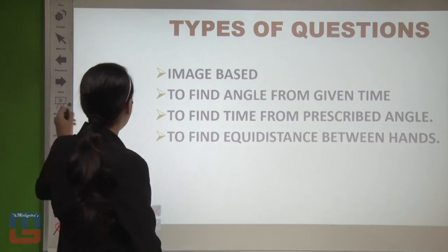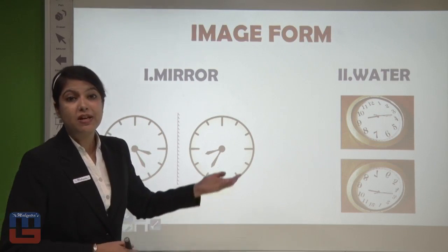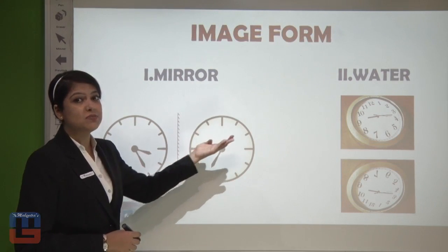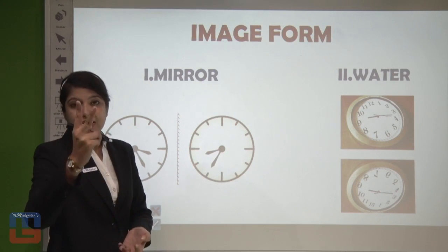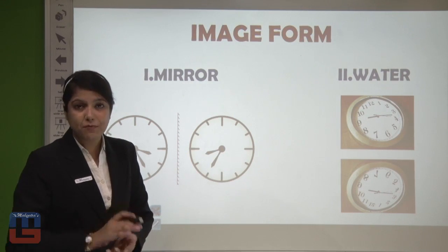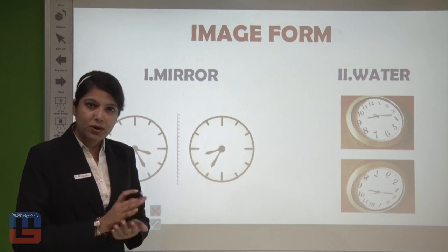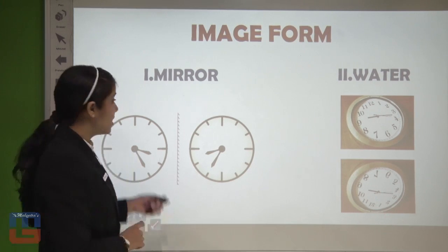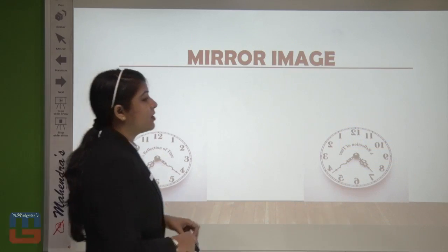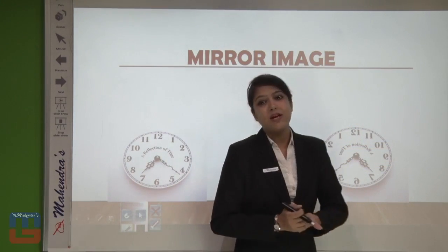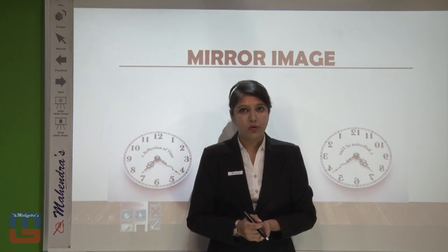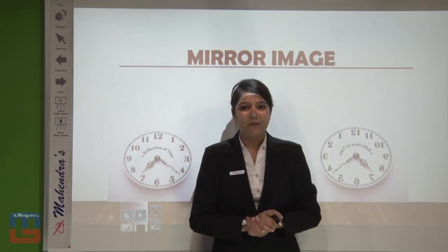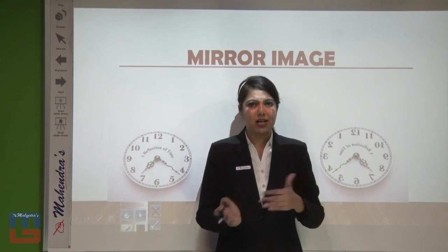Moving further with image based, we can see two image formats. One is the mirror image format and the second one is the water image format. These are the two types of images formed for clock questions. For the mirror image, if two clocks are viewed in the mirror, the changes are from left to right and right to left.